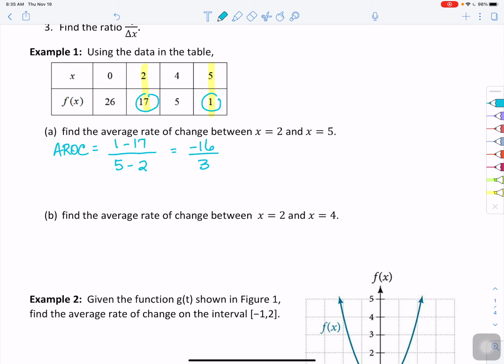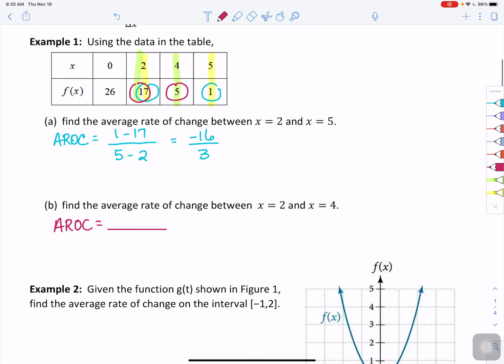Okay, how about between 2 and 4? So what are we going to do this time? We're going to have the average rate of change is, so now let's subtract those y values, 5 minus 17 over 4 minus 2. So remember, we want to get the y values that are associated with those x values. Okay?